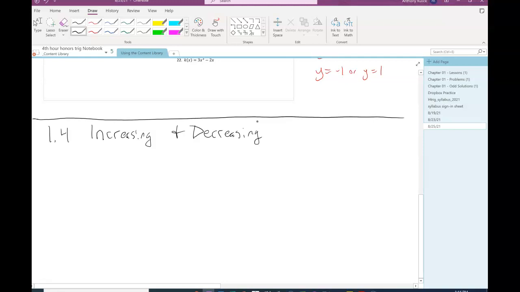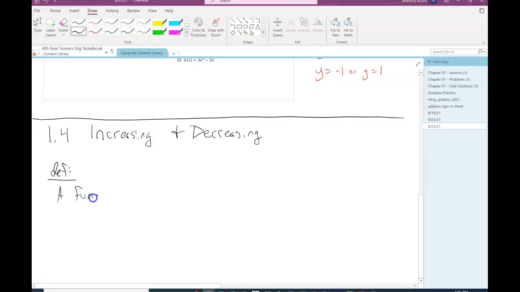It describes the behavior of a function. So we might say, oh, this function is increasing for this part, and then it's decreasing for that part, and it's doing something else for this part. It kind of describes what a function is doing. So let's just start with some definitions here.